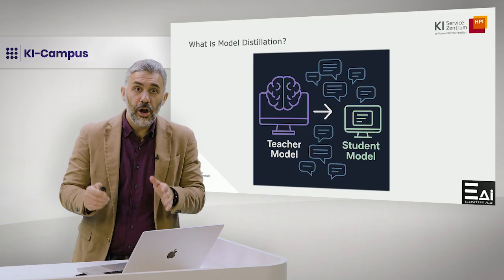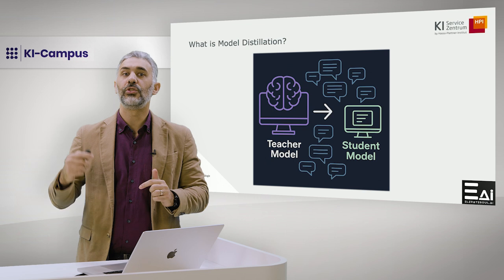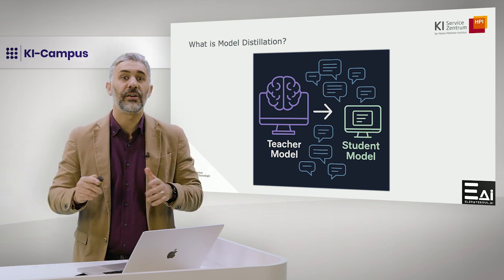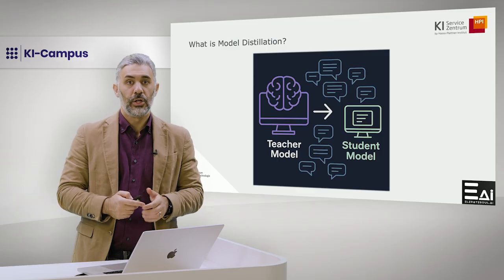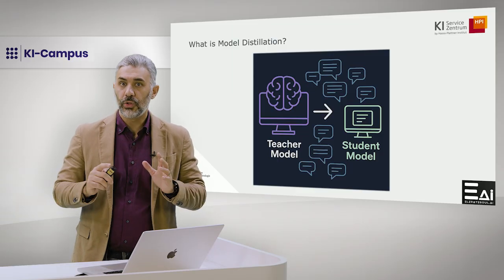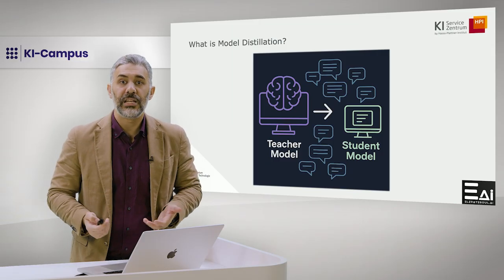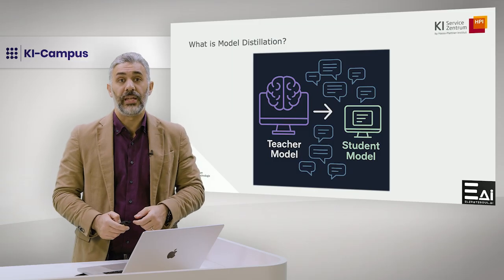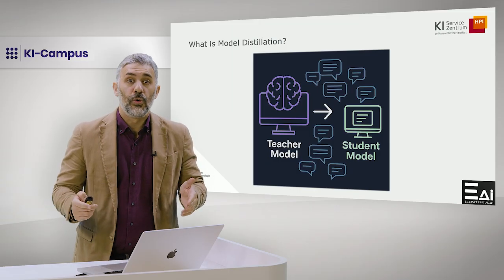Instead of learning directly from humans, the student model learns to imitate the output, reasoning patterns, and style of a much stronger model. This allows the smaller model to acquire capabilities that would otherwise require large datasets or expensive training runs.